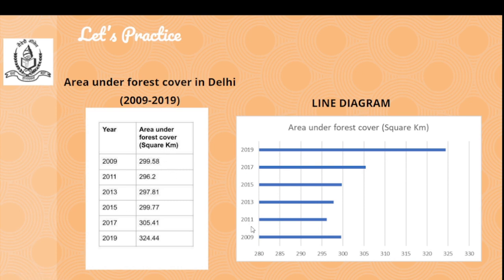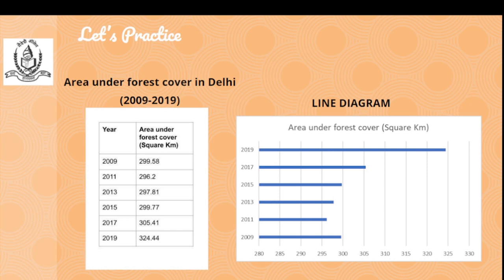So on the vertical axis here we have the different categories of data, and on the horizontal axis, the exact value of the observations that were taken in that particular year. On the horizontal axis it is the observation, or it can be the frequency taken for every category of data.